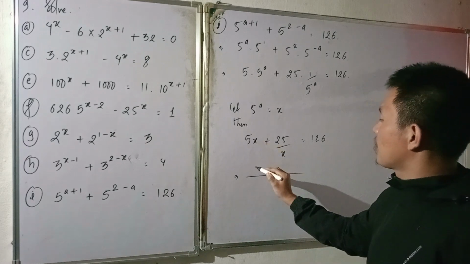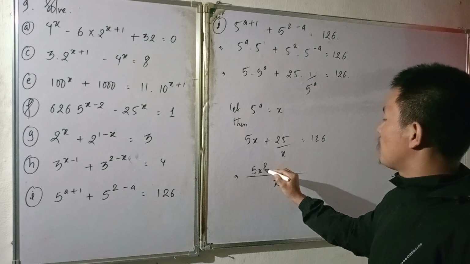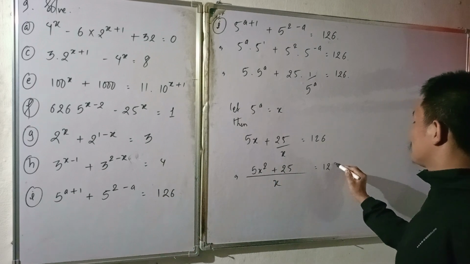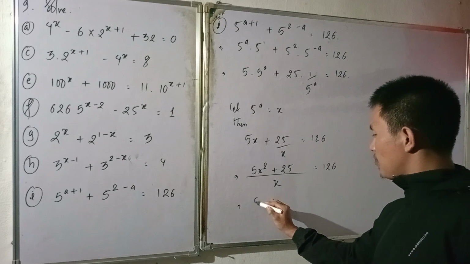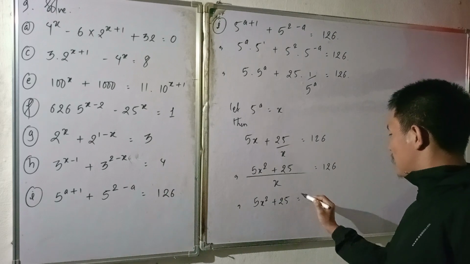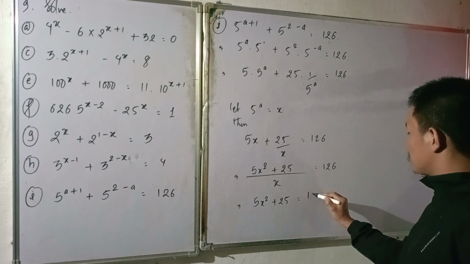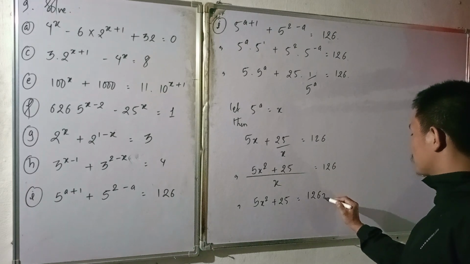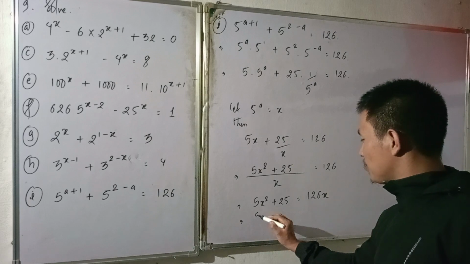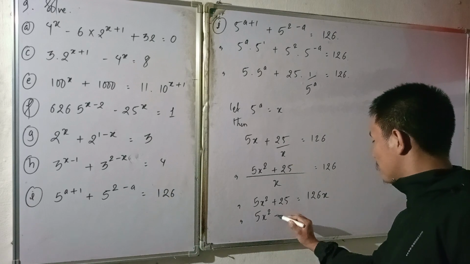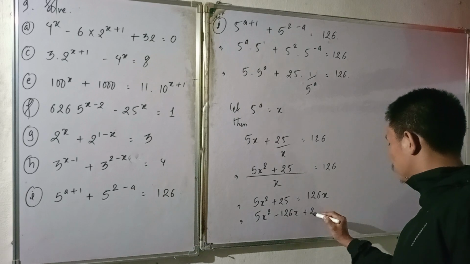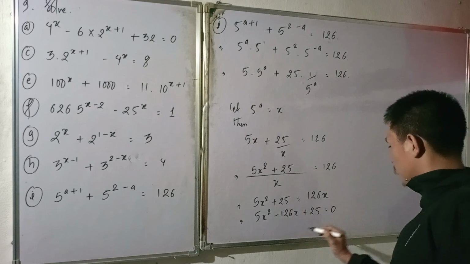Now this will be 5x squared plus 25 is equal to 126x, cross multiply. Now bring this to the left hand side. 5x squared minus 126x plus 25 is equal to 0.